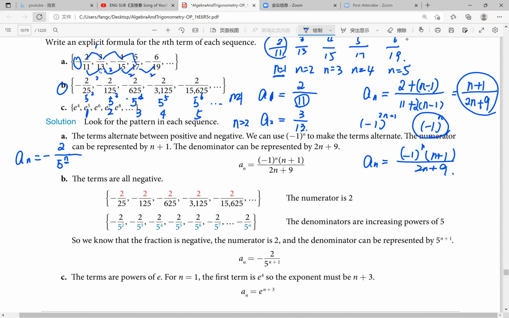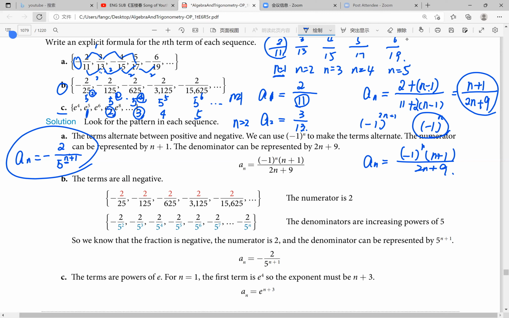When the position is 1, the exponent is 2. When position is 2, the exponent is 3. When position is 3, the exponent is 4. So what's the relationship? The relationship is n plus 1. So this is 5 to the power of n plus 1. So this is the explicit formula for sequence B.